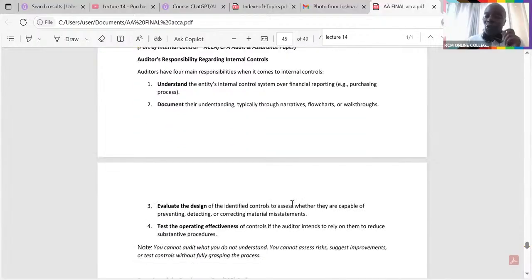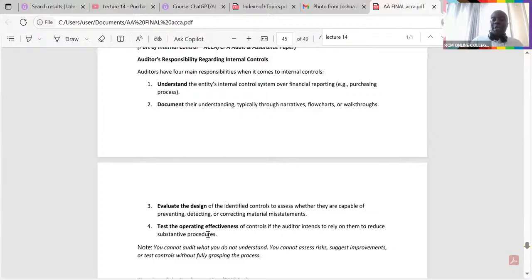After that, we evaluate the design. Was the architectural design of the identified controls capable of preventing, detecting, or correcting material misstatements? We must evaluate that design. And then, once we are comfortable that the design is okay, we go and look at the operational effectiveness.